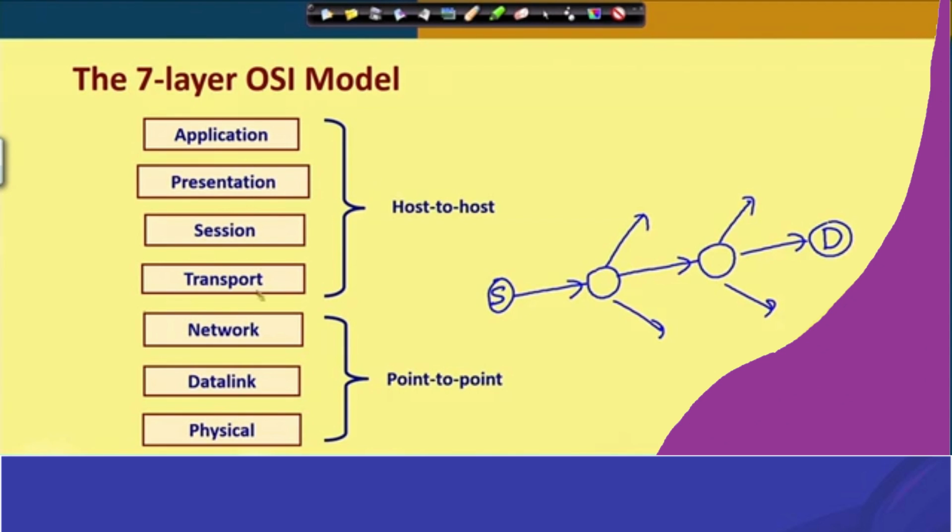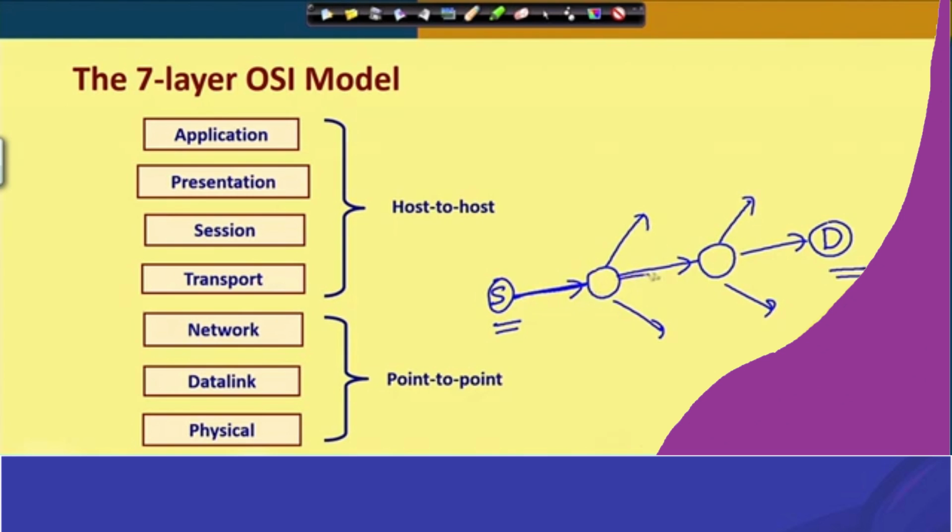Now, you see some of these layers are called host to host, and some of the layers are designated as point to point. Host to host means the upper 4 layers, they will exist only in the source and the final destination. They will not exist in the intermediate nodes. Point to point means 2 nodes which are directly connected by a link is called a point to point connection.